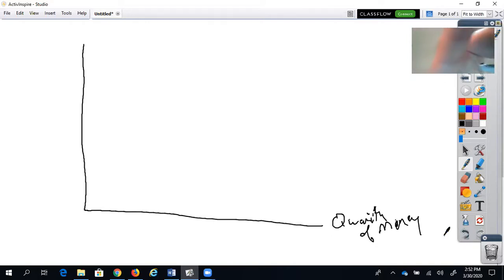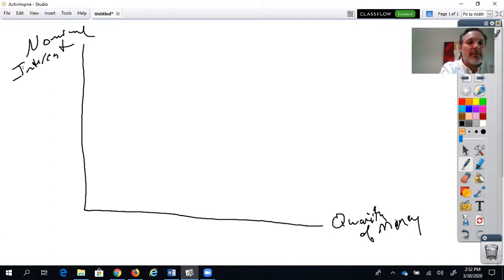So what I do is I always spell it out as a grader. Nominal interest rate. And you put a percent there. All right, so now we have the y-axis, nominal interest rate, the x-axis, quantity of money.